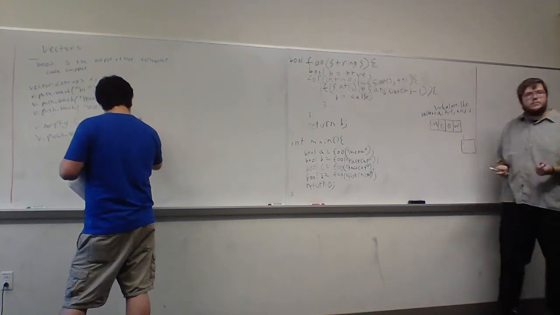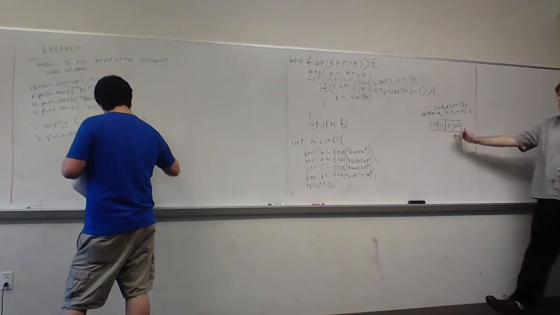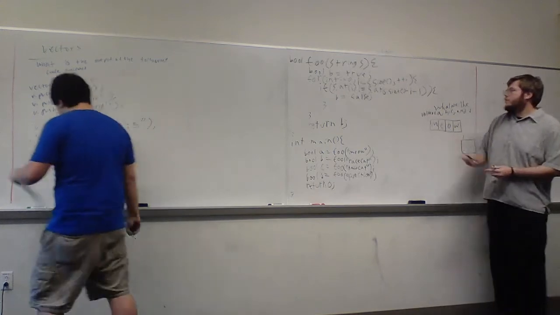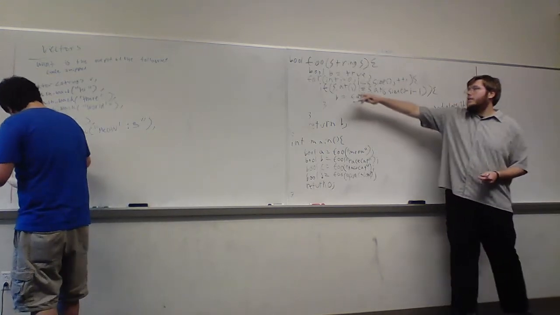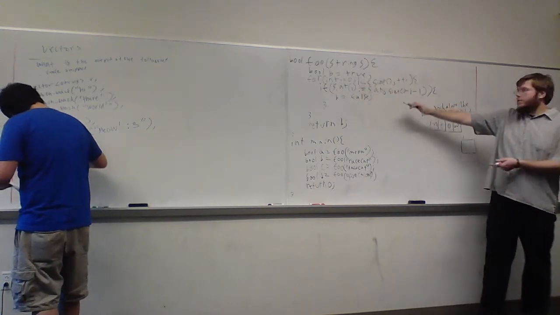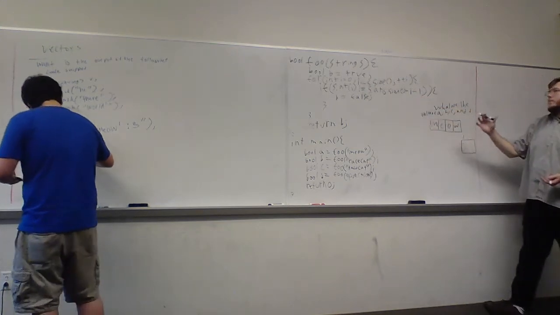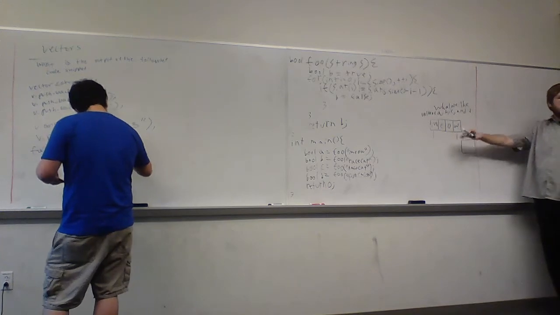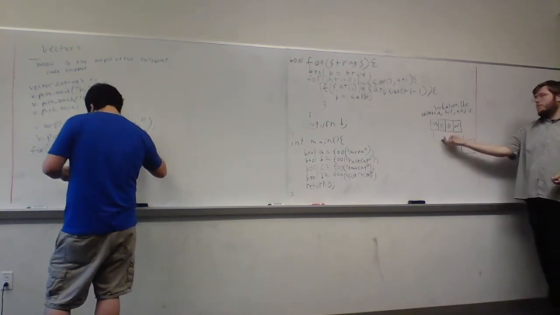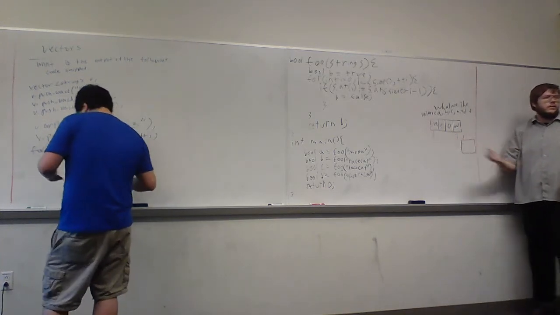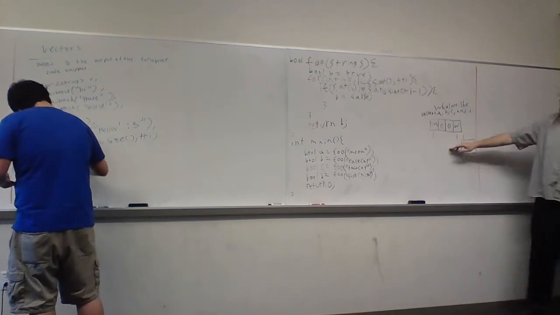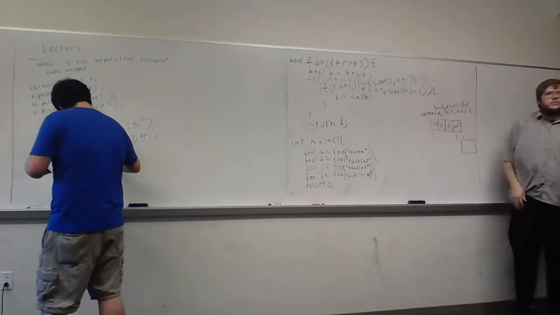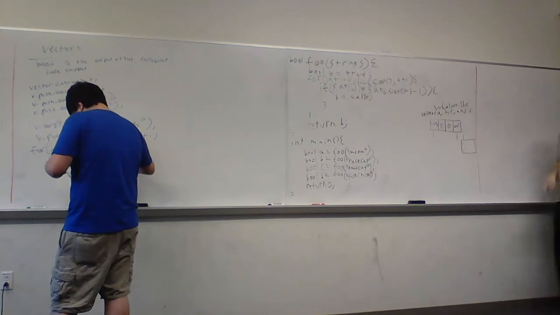Size minus 1, so 4 minus 1, so 3. So it's going to look at s.at(0) and s.at(3), so here and here, and then it compares them, right? It finds out are these equal or not? They're not equal. So what does it do here? Yeah, so it sets b to false.